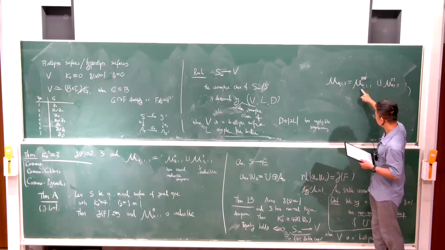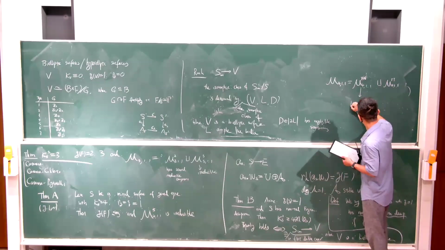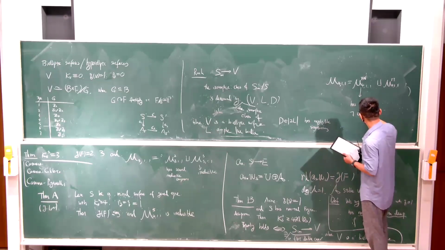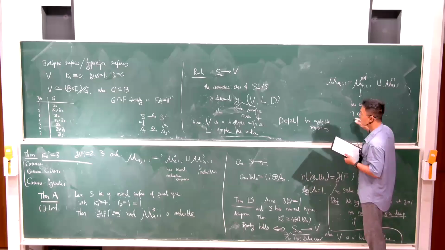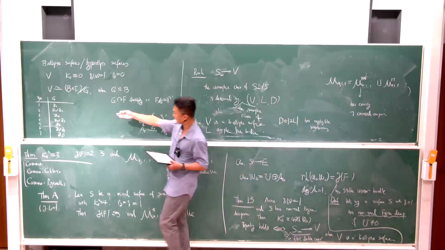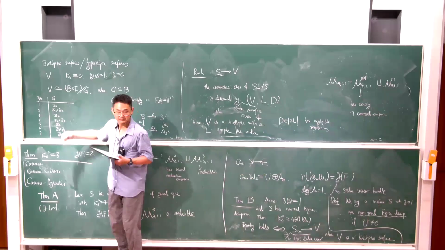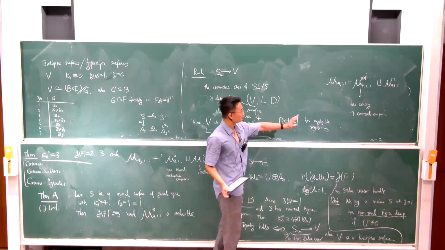And on this part, it has exactly 7 irreducible components. These 7 exactly correspond to the type of the bielliptic surface. But I should say this is a very non-trivial result.